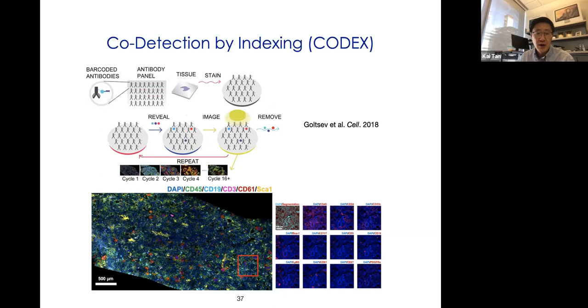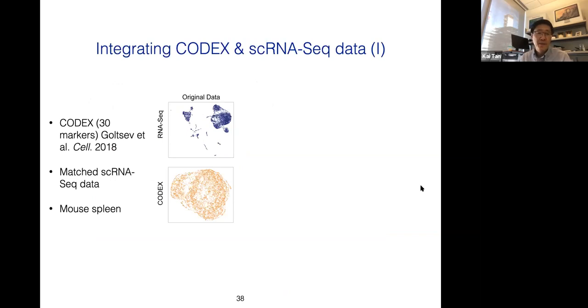So here, this is the ongoing experiment in my lab. We are looking at bone marrow using a panel of 11 protein markers using CODEX. So to evaluate the integration utility, we use the original CODEX publication here by the Nolan group.